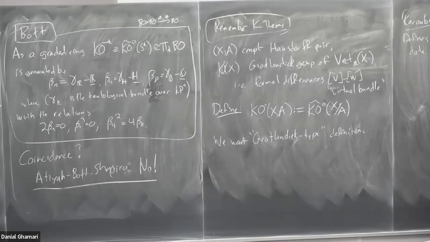We take E0 to En, sigma 1 to sigma n, where each Ei is a real vector bundle.